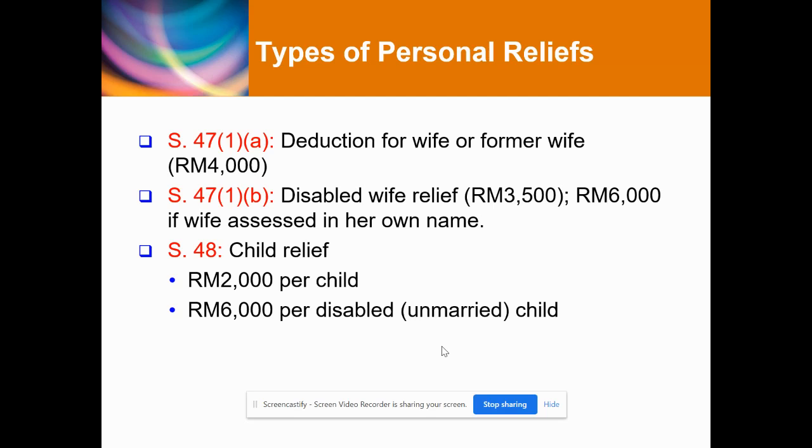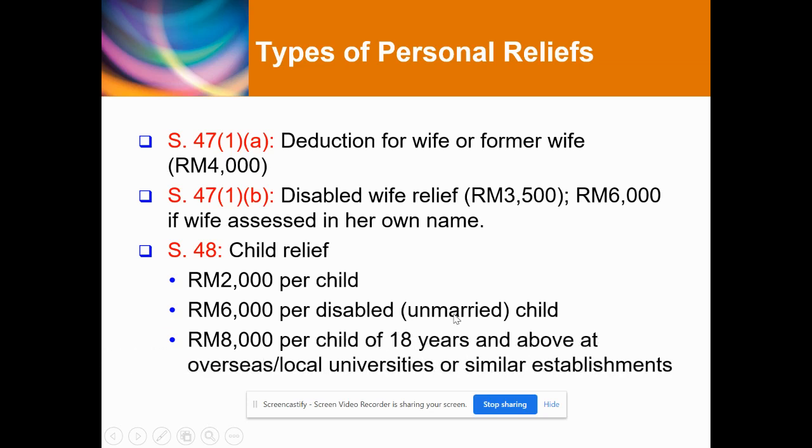There is no maximum number of children. If the child is disabled, the relief that can be claimed by the parents is 6,000 ringgit if the child is physically or mentally disabled. This is irrespective of their age and also educational status.